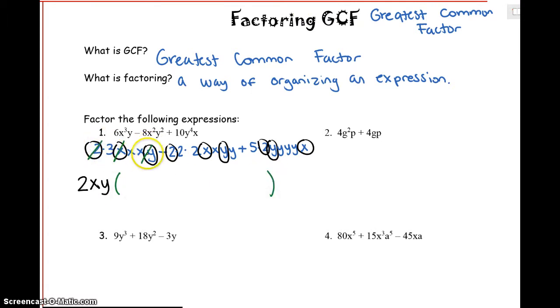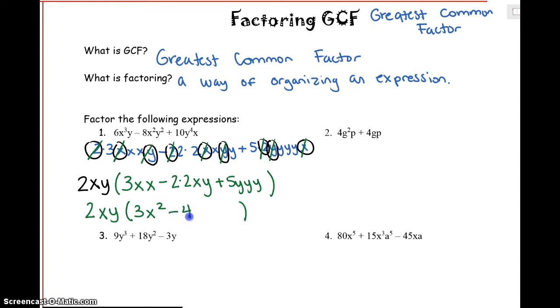So if you reevaluate what this expression is now, it's 3 times x times x, which we can write as x squared, minus, then we have 2 times 2, we have an x, and we have 1 y, so we'll keep that there, plus, we have a 5, a y, and then we simplify this, and we get 2xy on the outside, that's the GCF, times 3x squared minus 4xy plus 5y to the third.